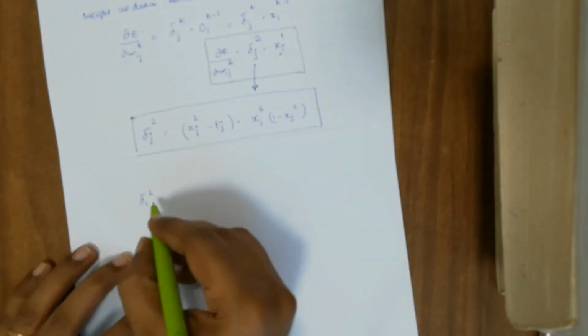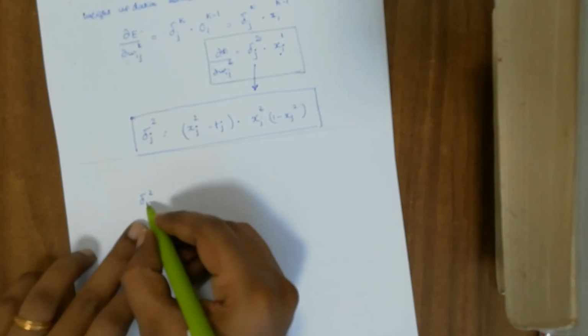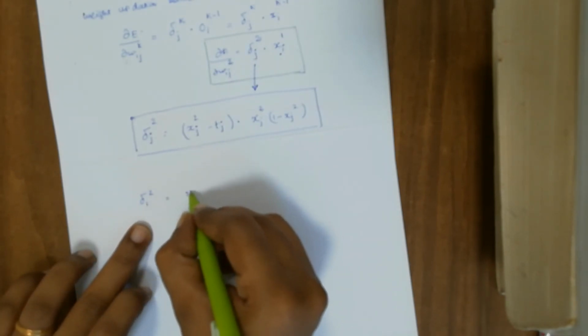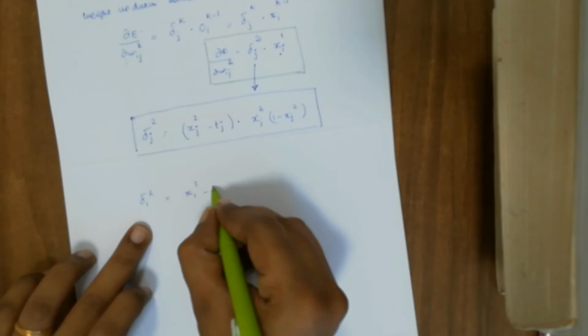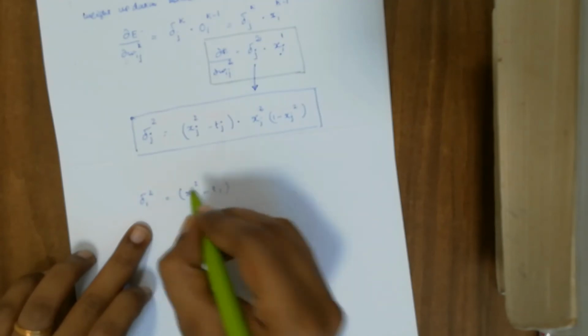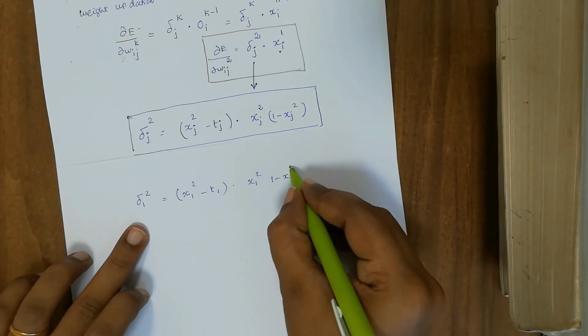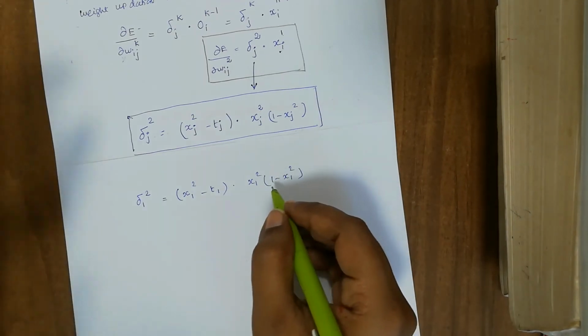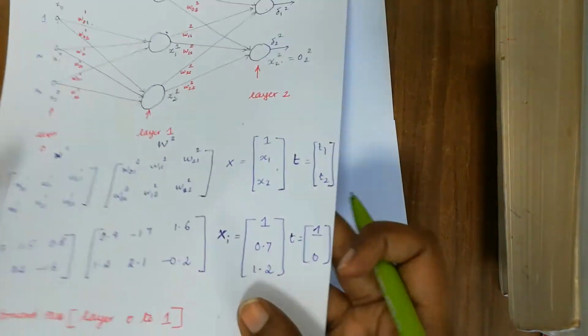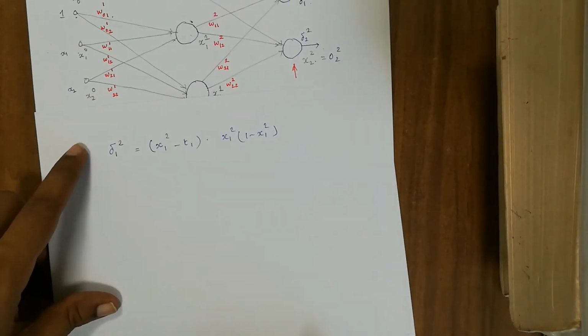Now we are going to calculate delta_1. So delta_1 is nothing but (x_1^2 minus t_1) multiplied by x_1^2 (1 minus x_1^2). What is this x_1^2? Let me keep this diagram so that it will be clear.